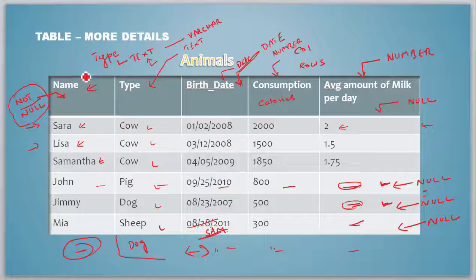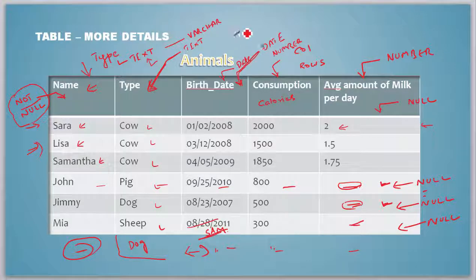Okay, so in the last video we saw that a table will have columns and rows. Now we are going a little bit deeper into that, and we are exploring that each and every column has some attributes or some characteristics attached to it. One would be the type of the column, like whether it can hold text or number or anything else.